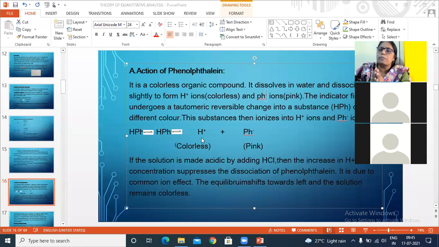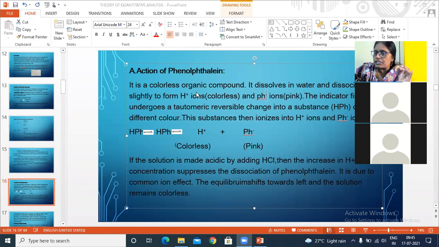So as the H plus ion concentration increases, it favors the backward reaction, that is, it depresses the dissociation of the phenolphthalein indicator.